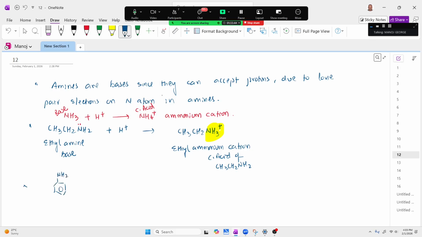If I give you phenylamine, which you can also call aminobenzene, and you react this with a proton, the NH2 changes into NH3+, and this is called the phenylammonium cation.